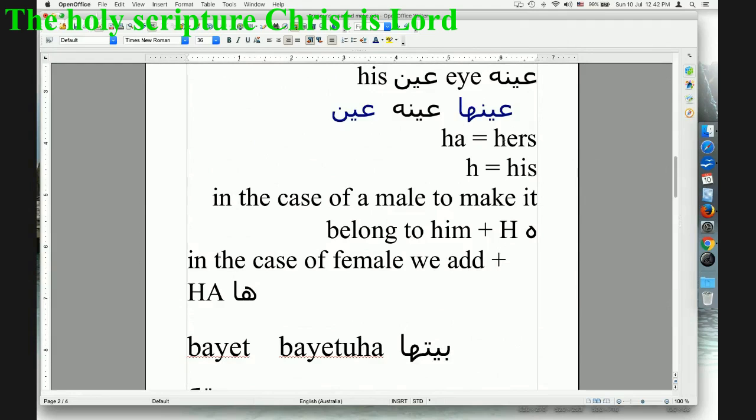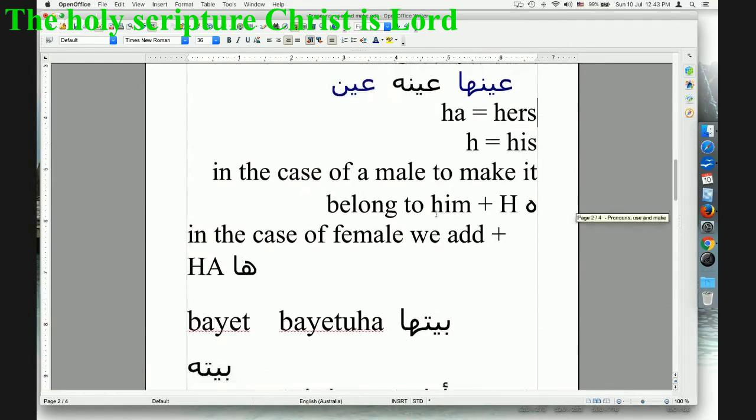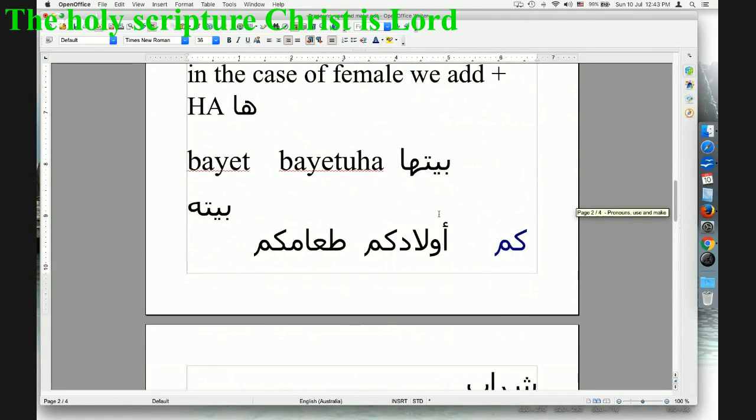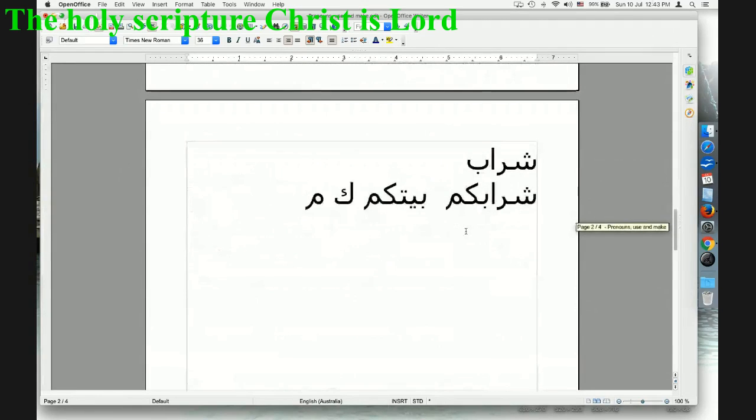Okay. So now, we use kum for a plural name, which can be added to anything.